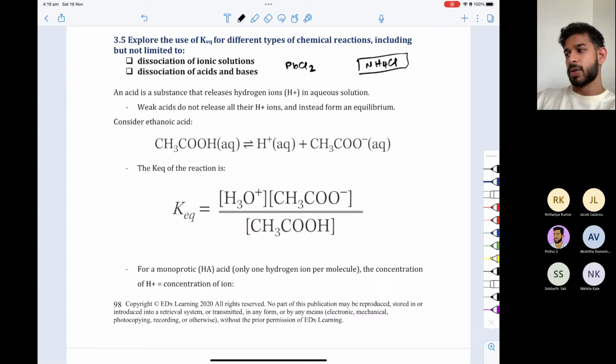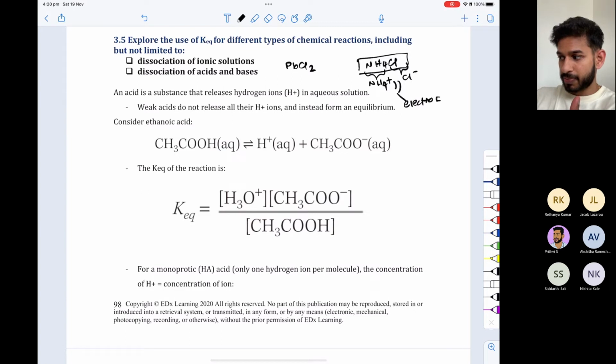Even though it's not a metal, we can see ammonium is a polyatomic ion, an example of a positive ion. The chloride is Cl minus, a negative ion, and since there is a cation and anion, we call it an ionic substance. The bond between the cation and anion is called an electrostatic bond of attraction. That is the definition of an ionic substance.